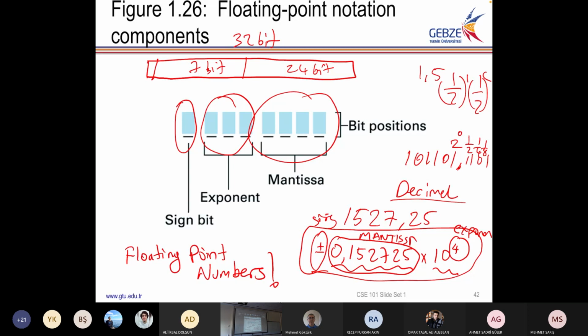Okay, so those kinds of numbers can be represented. But the biggest important thing is, this part corresponds to a number between 0 and 1. Do you know the problem of 1 over 2 plus 1 over 4 plus 1 over 8 plus? From the exam? So it can never reach 1.